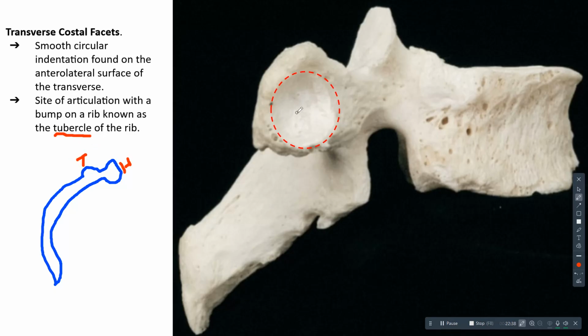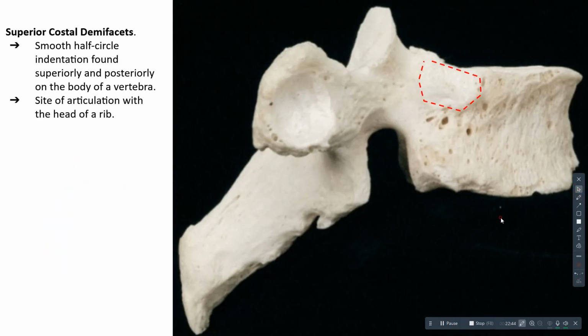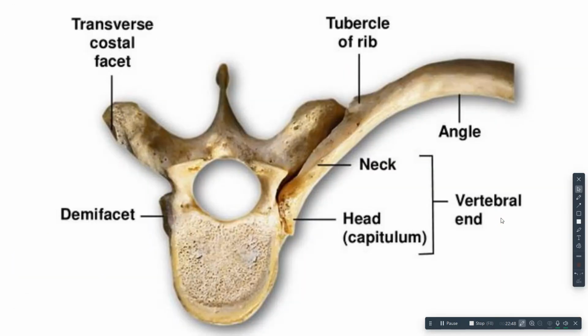And so the tubercle of the rib articulates right here. Jumping ahead, here is a rib. Here is the transverse process. There is the tubercle. The tubercle articulates with that transverse process on its costal facet.